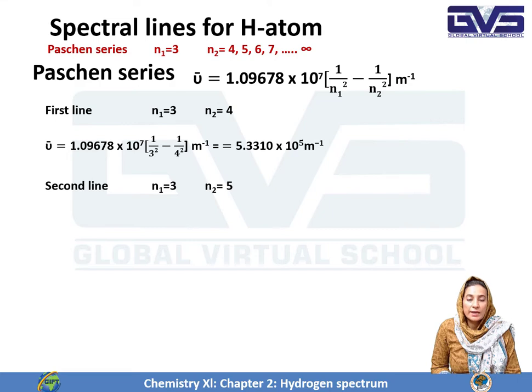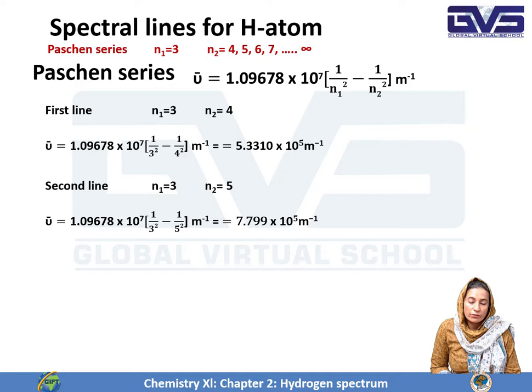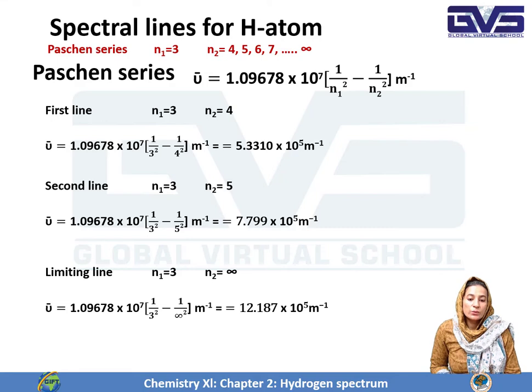Similarly for the second line, n1 is 3 and n2 is 5, and solving you can find the value of the second line of the Paschen series. Similarly for the third and fourth lines, and for the limiting line, n1 is 3 and n2 is infinity, and in this way you can calculate the value of the limiting line of the Paschen series.